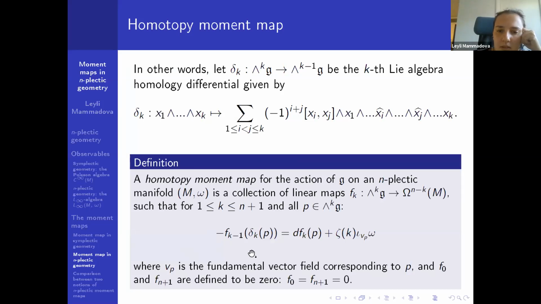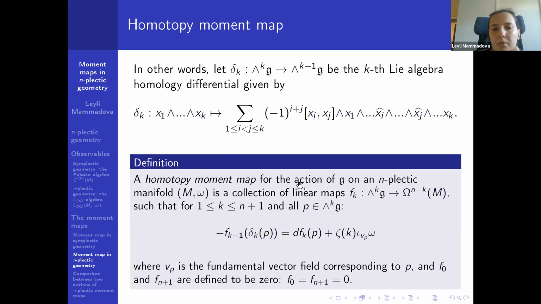So I will write what it means precisely for these components of the F. First, let me remind you of this Lie algebra homology differential, so basically the dual of the Chevalley-Eilenberg differential, that's more well known maybe.